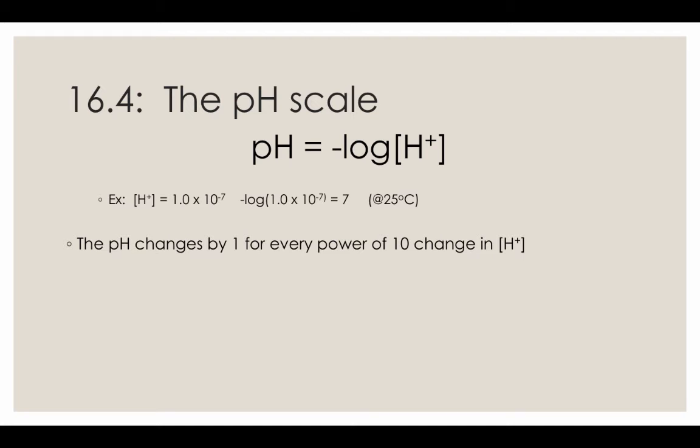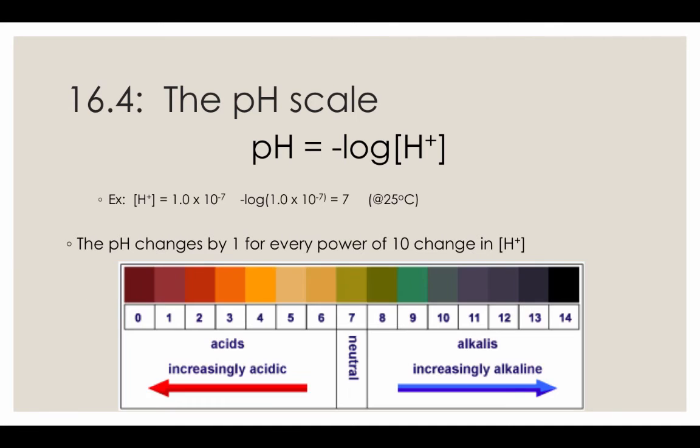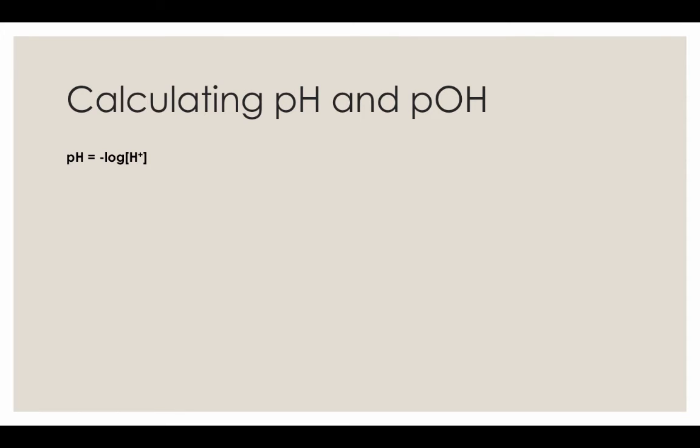Therefore, each pH change of 1 is a tenfold change in H+ concentration. You're likely familiar with the pH scale. Here we see that a pH of 7 is neutral, and acids have pHs less than 7, bases have pHs greater than 7.